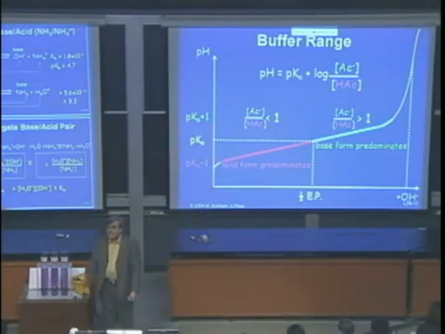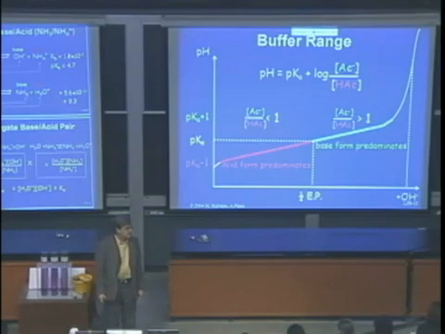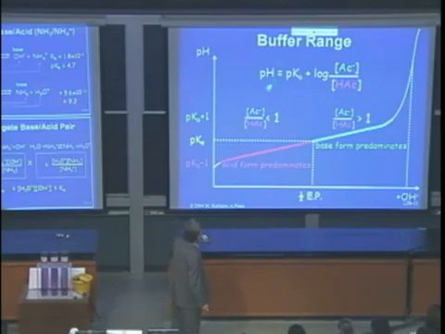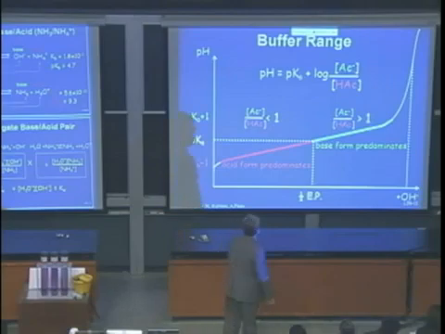So a buffer is essentially a weak acid, and it has an equal concentration to its conjugate base. So you take, for example, 0.1 molar acetate and 0.1 molar of acetic acid and mix those together, then you have a buffer. And you can now calculate your pH as you keep adding acid or base, okay?